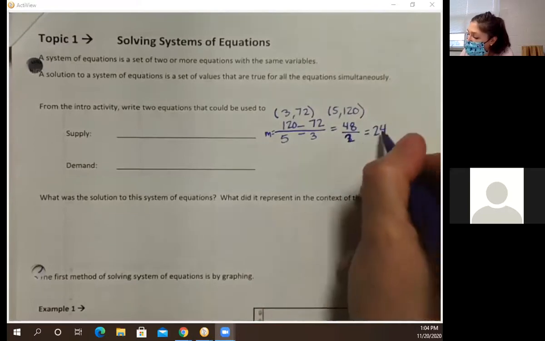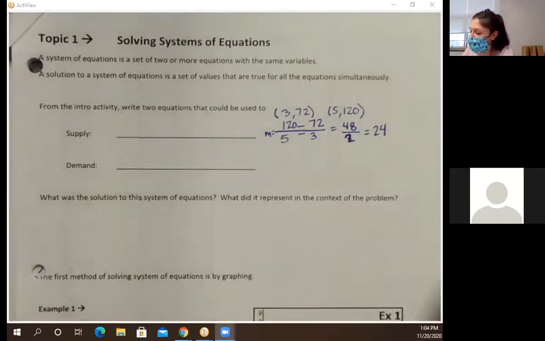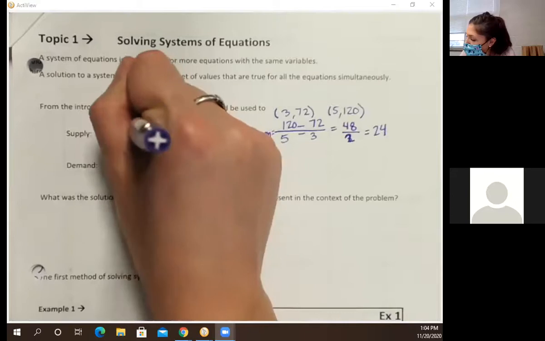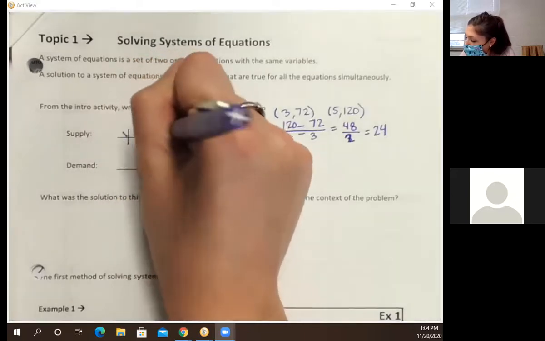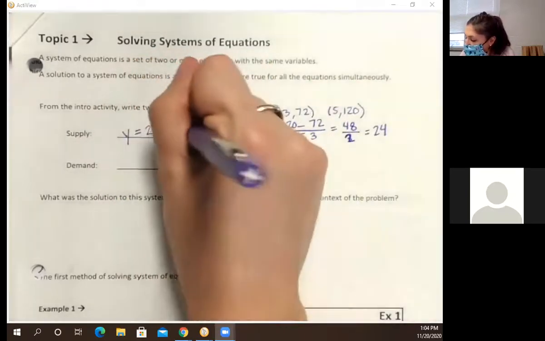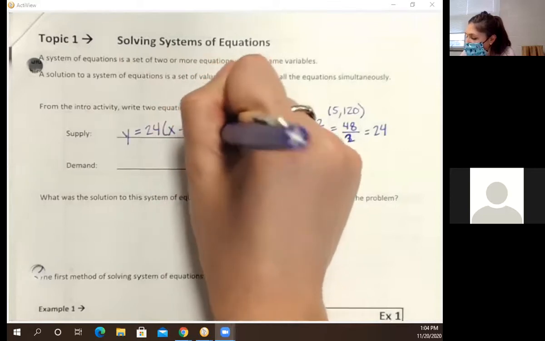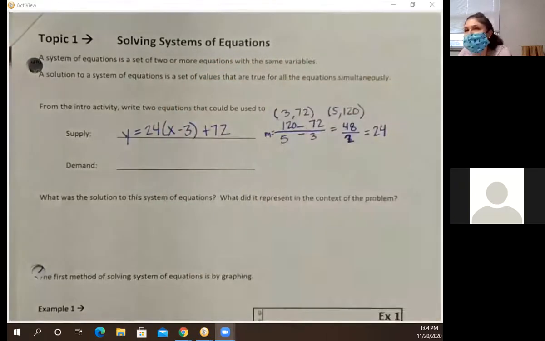So I know the slope. I've got some points. I'm going to write point slope for this line. That would be y equals 24 times x minus 3 plus 72. I just used my first point there.